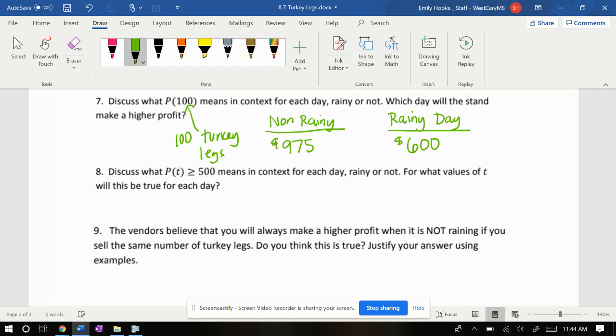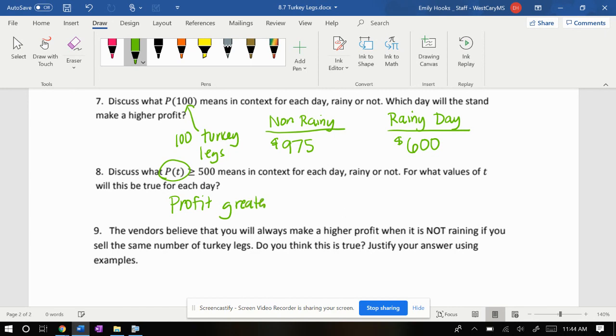Okay. All right. So discuss what P of T is greater than 500 means in context of each day, rainy or not. What values of T will this be true for each day? And so this is meaning my profit is greater than $500.